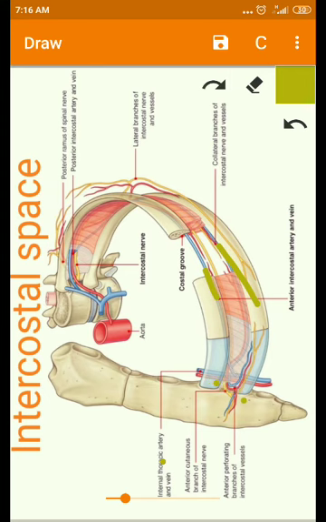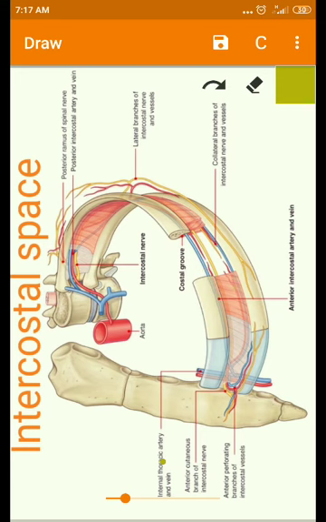Now coming to the contents of the intercostal space. What structures are present between these two ribs, inside the intercostal space? The intercostal space includes muscles, vessels, and nerves.